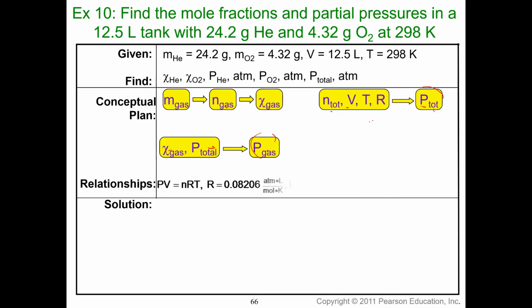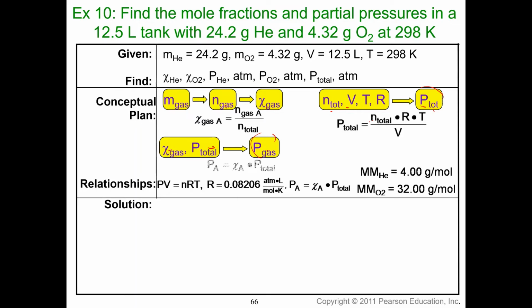Okay, let's do the problem. First of all, we need the molar mass of helium and the molar mass of oxygen. And this is the conversion from grams to moles using the molar mass for helium.